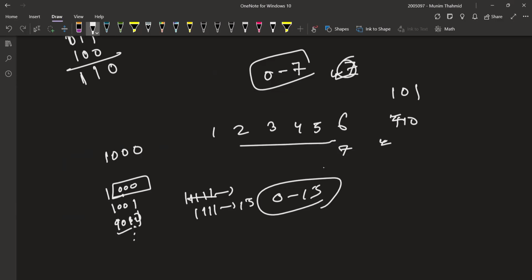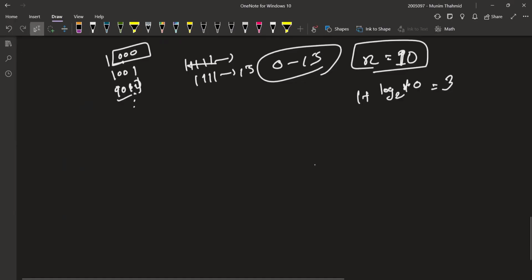If our n is, for example, 10, then how many digits does it have in binary? That's log base 2 of n, plus 1.